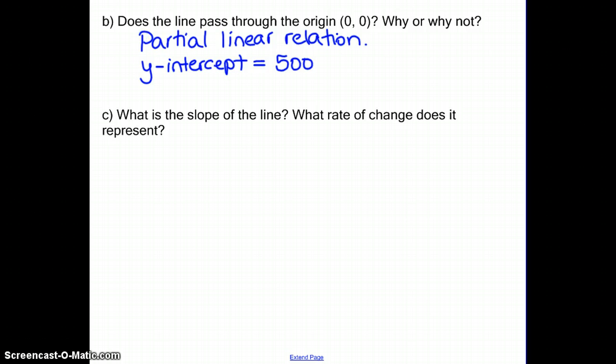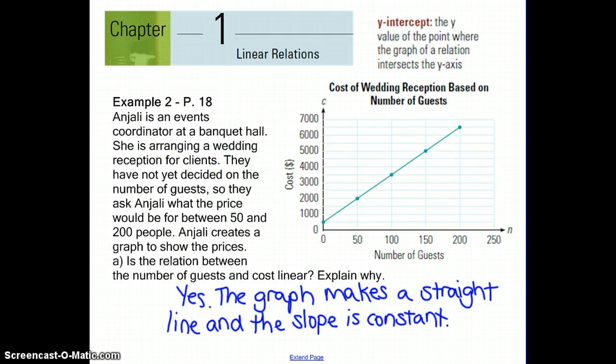Now, what is the slope of the line? Remember, to find slope we use this formula: m equals y2 minus y1 over x2 minus x1. Before we can do this, we need to pick some points on our graph. It's easier to see on my slide than on your handout. The first point is 50 on the x-axis and 2,000 on the y-axis.